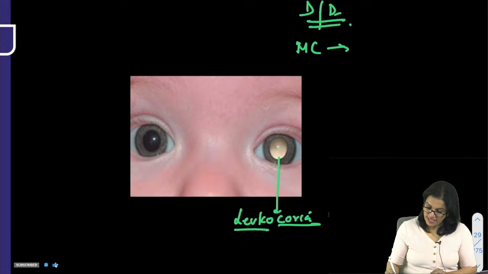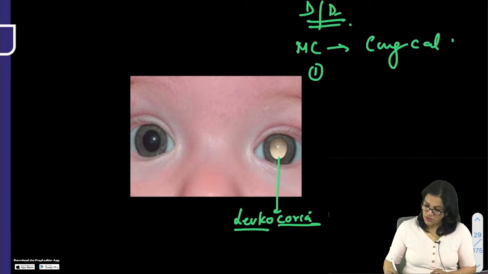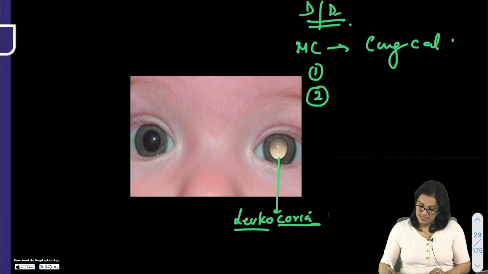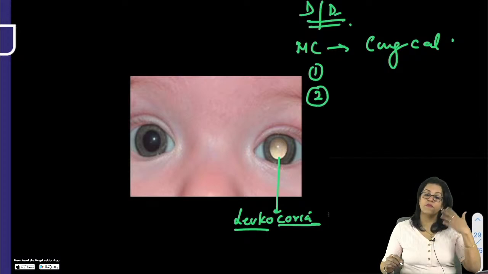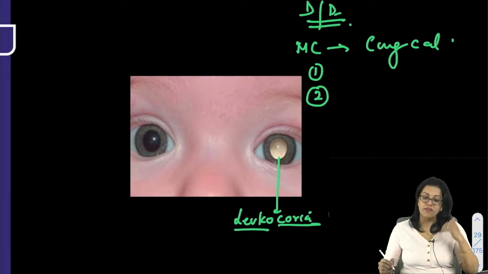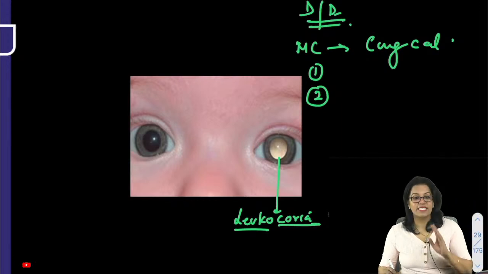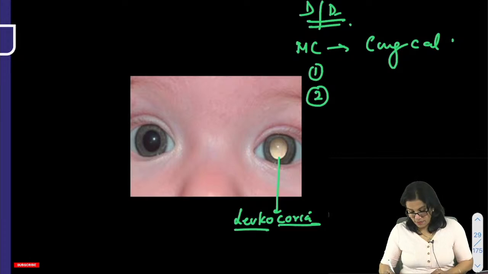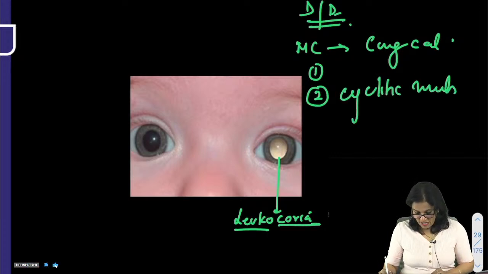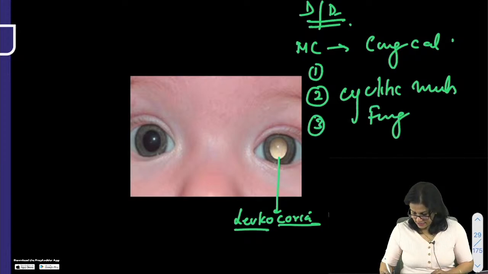Most commonly we will answer congenital cataract. Isn't it? Second, of course, apart from retinoblastoma, what are the differential diagnoses? Apart from retinoblastoma, the one you learn is congenital cataract, then think yourself, there can be a cyclitic membrane. You know? What else? There could be central fungal endophthalmitis.